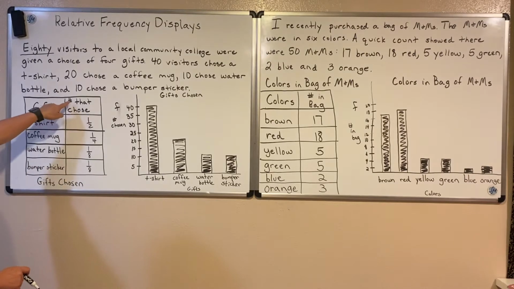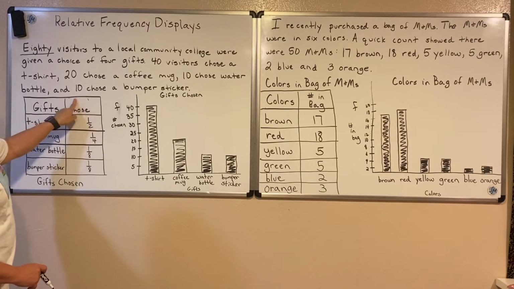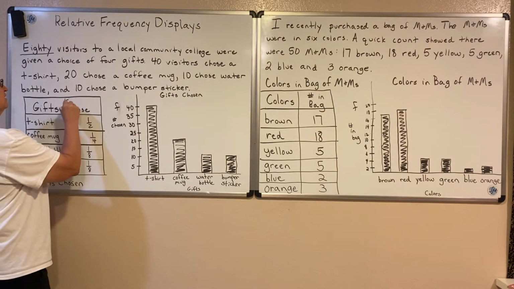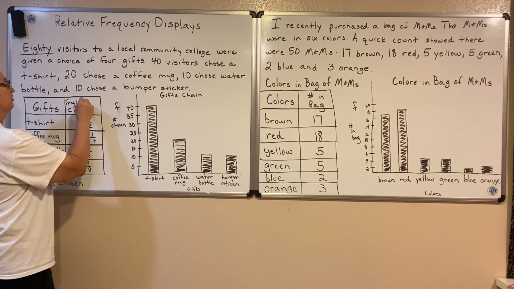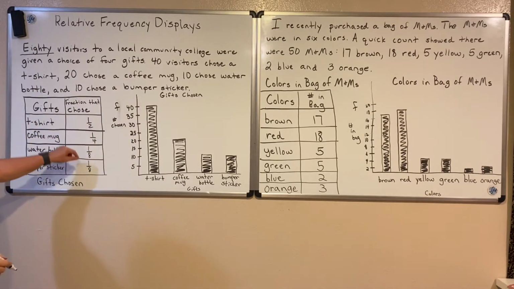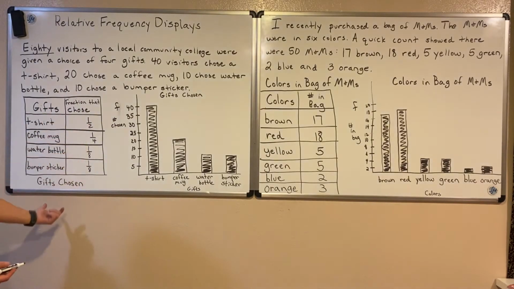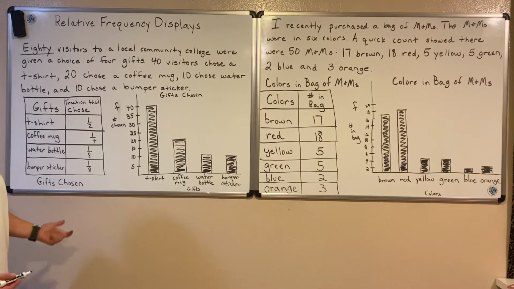So instead of saying the number that chose the gift, this title now needs to become the fraction that chose the gift. Or if I had made them percents, my label would just say percents that chose. Now it is a relative frequency display.